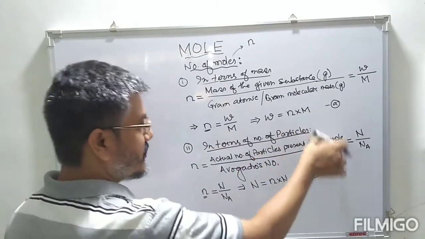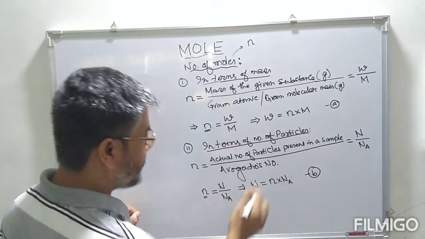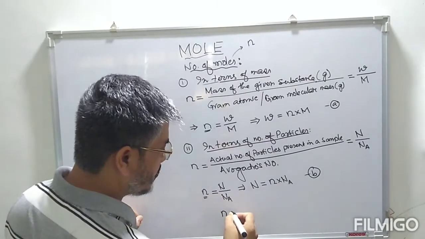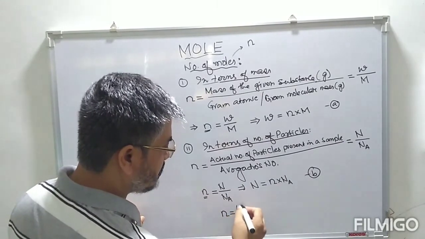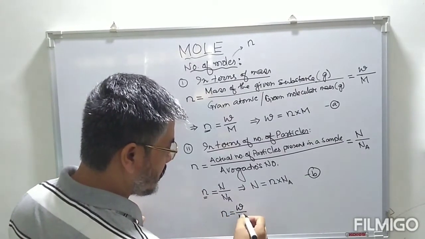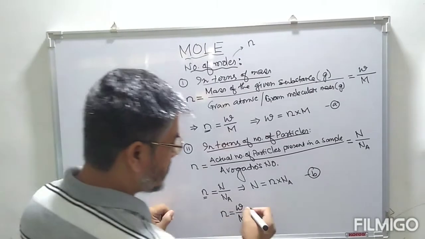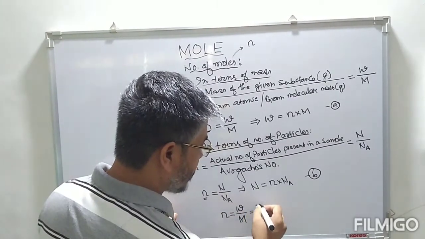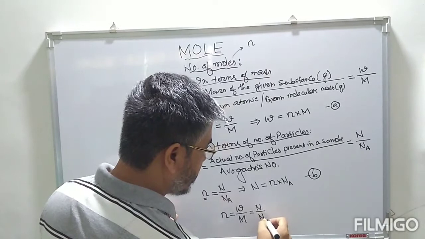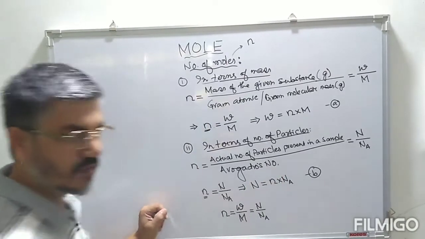So from equations A and B, number of moles is equal to mass divided by molecular mass, and this must also be equal to number of particles divided by the Avogadro number.